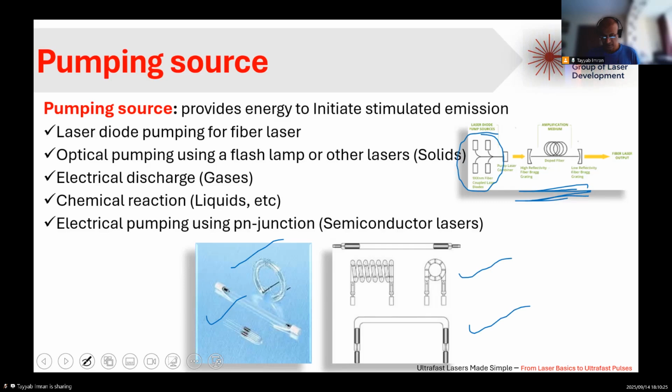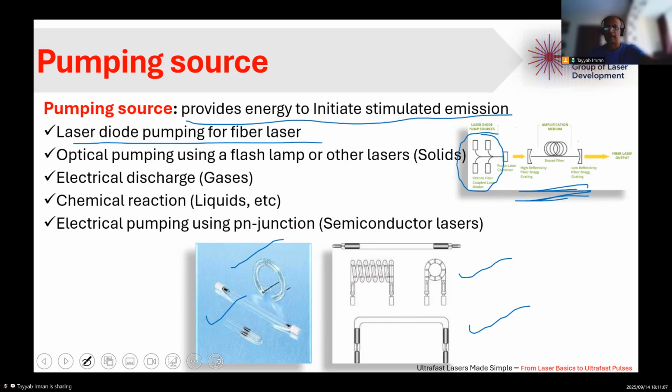The pumping source provides energy to initiate stimulated emission and population inversion. Laser diodes are used for pumping fiber lasers. Diode pumping means another laser, but miniature, very small, like a diode or semiconductor laser.